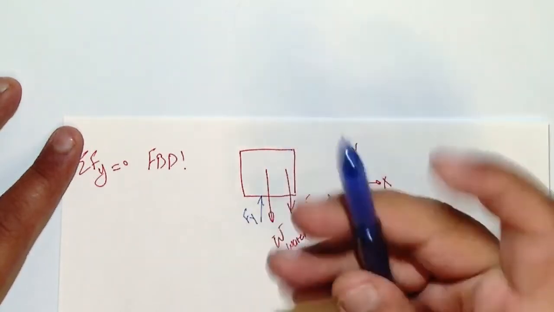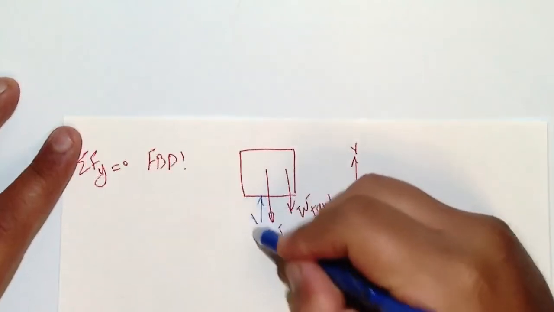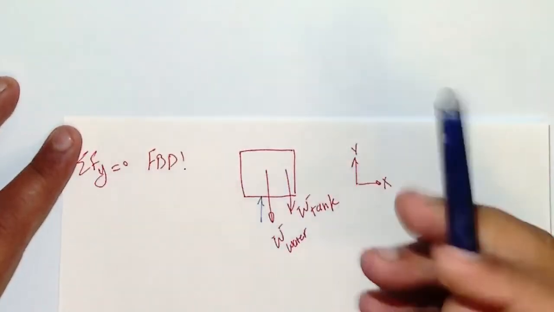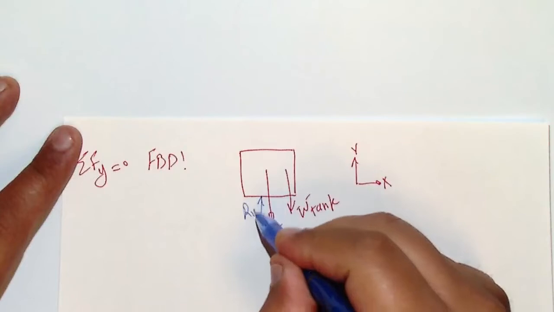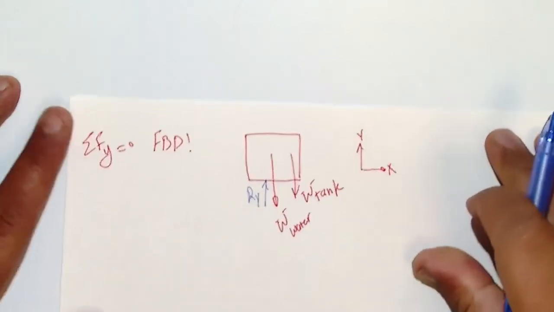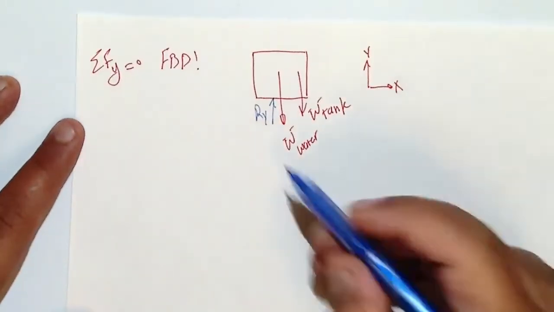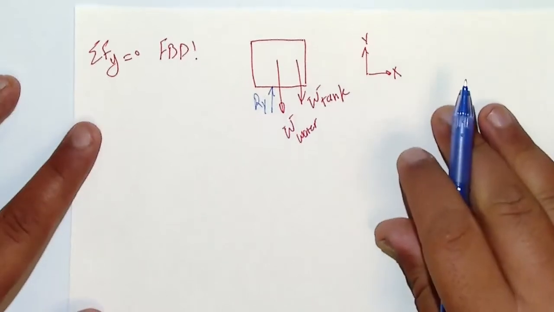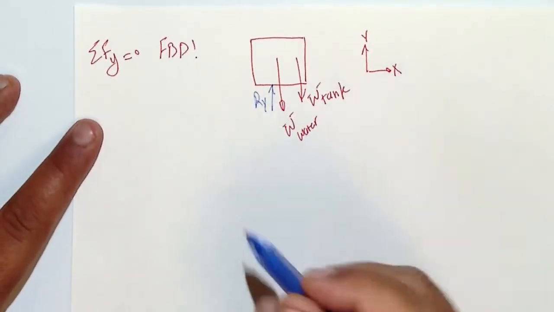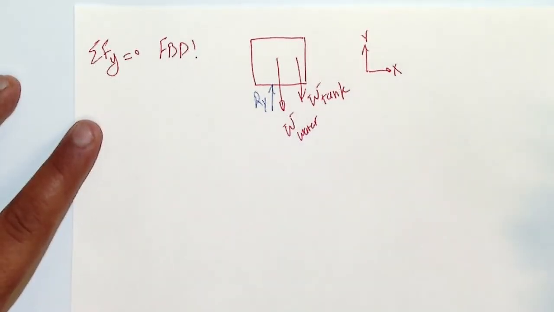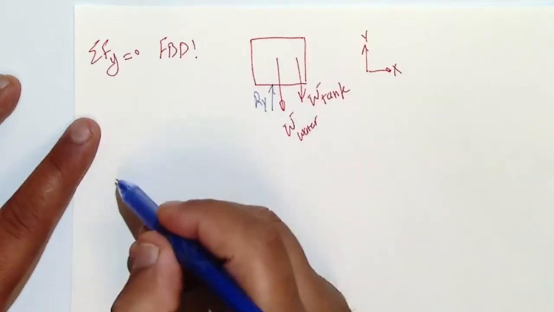I can write it as Ry, so you don't mix it up with the Fy. That's the reaction force. Okay, so you are going to find Ry, but to find it, you need conservation of momentum in Y direction. Okay, because you also have a control volume and you have momentum there. So let's write the sigma Fy equal to 0.